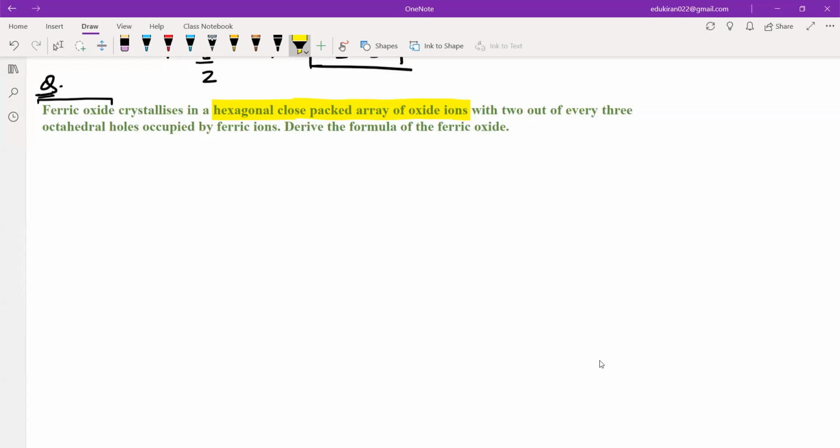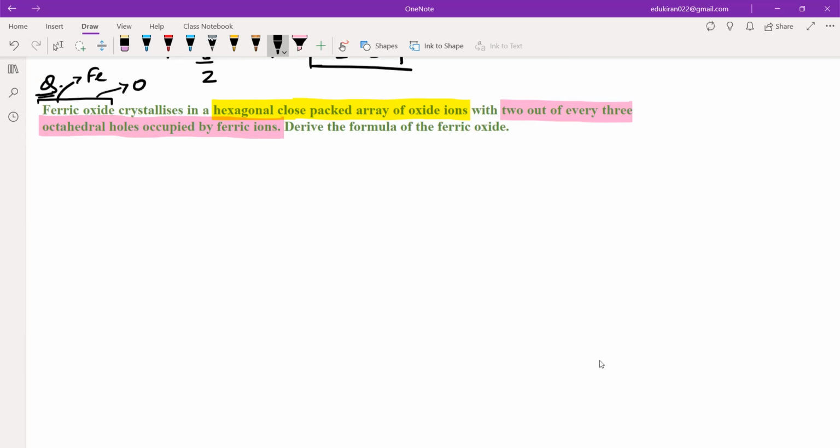Hexagonal closed packed array of oxide ions with 2 out of 3. This is another information that they are saying. What's the other information? 2 out of every 3 octahedral holes. Holes means again voids, occupied by ferric ions. Okay, so in ferric oxide you have two things. You have Fe and you have oxygen.